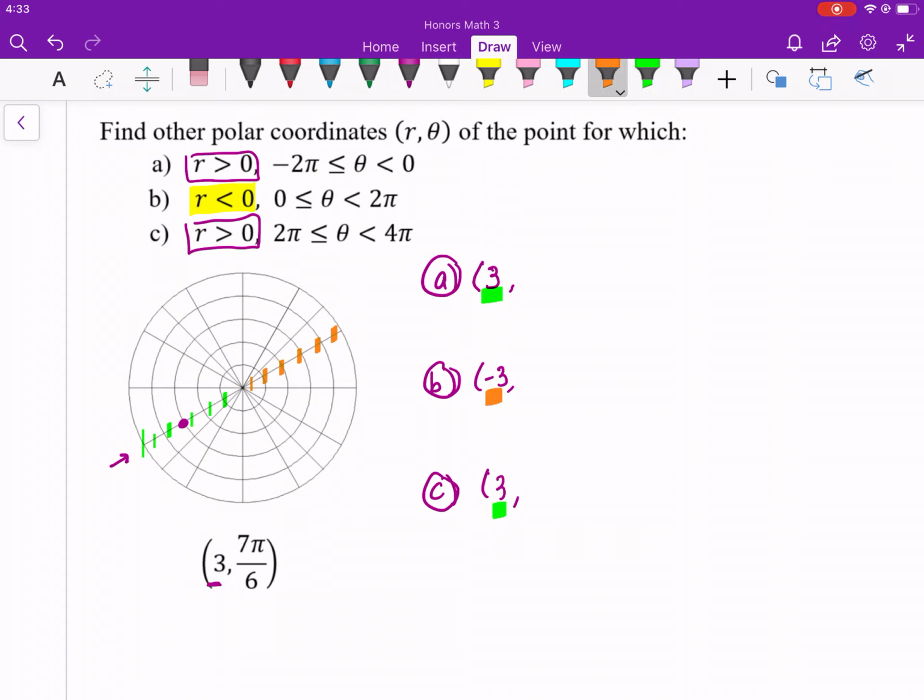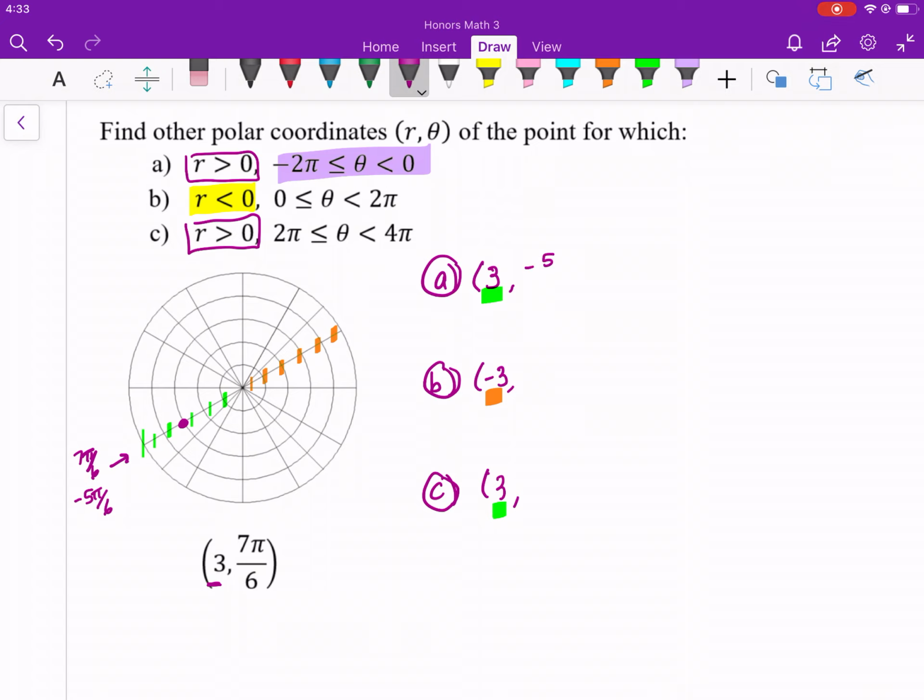Okay. So for this first example, we want our answer to be between negative 2 pi and 0. So we're looking for the negative angle. This is positive 7 pi over 6, but it's also negative 5 pi over 6. You can do that by subtracting 2 pi.